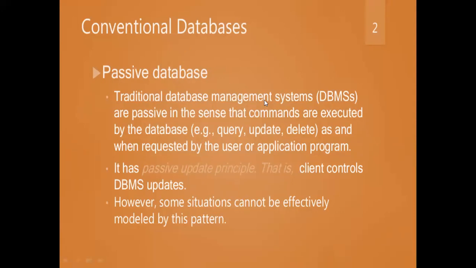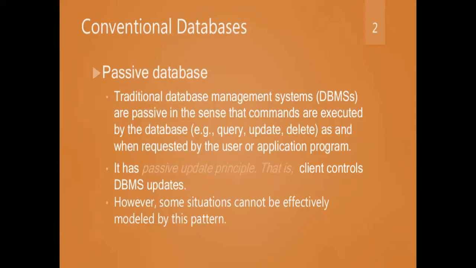In a traditional DBMS, commands are executed by the database as and when requested by the user or application program. In every DBMS, whenever the user gives a command, the DBMS executes it, and the traditional database uses the same approach.